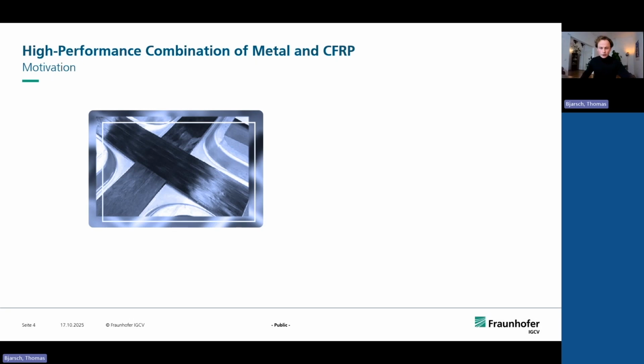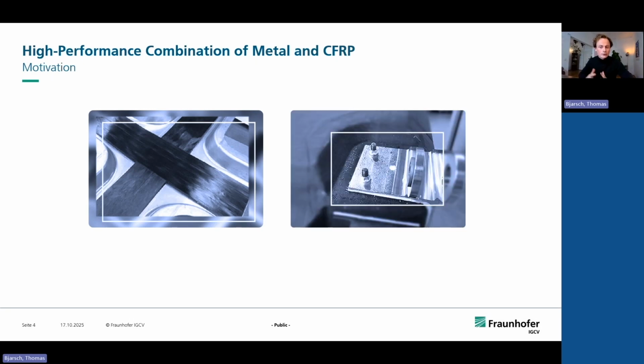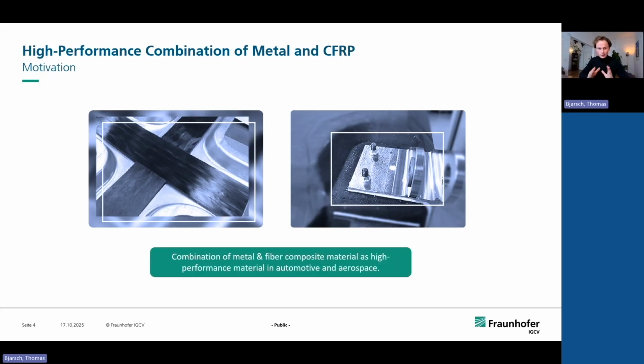The second approach, which is possible, is to use just bolts. And this combination of materials is used mainly in automotive applications, in premium cars and in aerospace applications, because it just offers really, really good high performance material characteristics. So those are the materials that we addressed in the project.